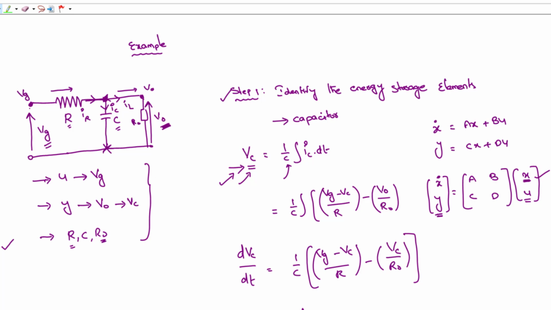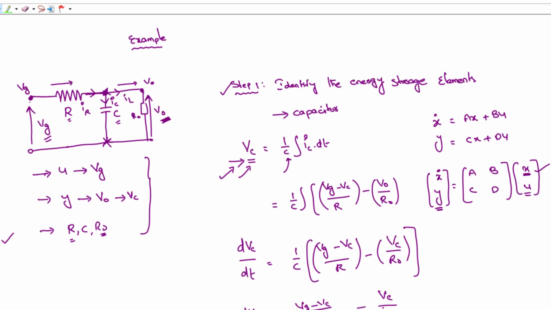So dVc by dt is equal to Vg minus Vc by RC minus Vc by R0 C. Now take the input and output separate. Vg is the input, Vc is the output. So Vc I am taking as parameter: 1 by RC minus 1 by R0 C.